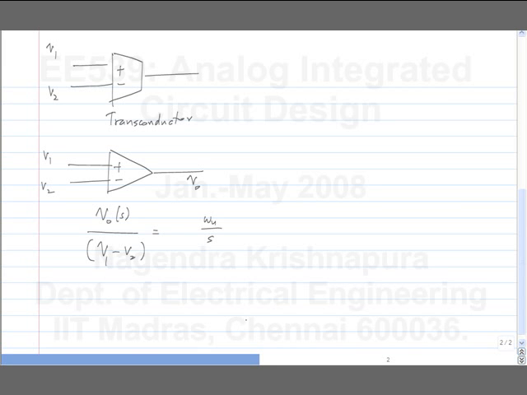So let's say we have a transconductor that responds to the difference between V1 and V2. That means that it tends to push out a current Gm times V1 minus V2 when V1 and V2 are applied to its inputs. And we want to get a response like this. That is, we want the response of an integrator. How will we get this?